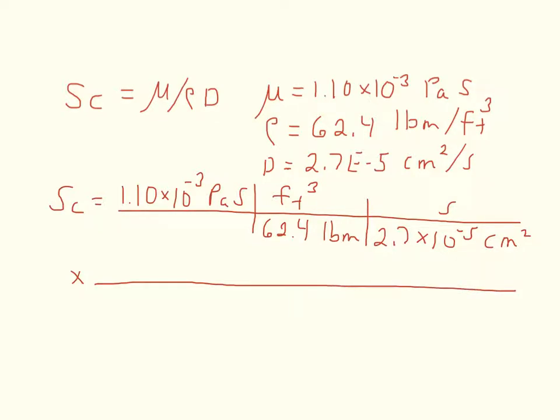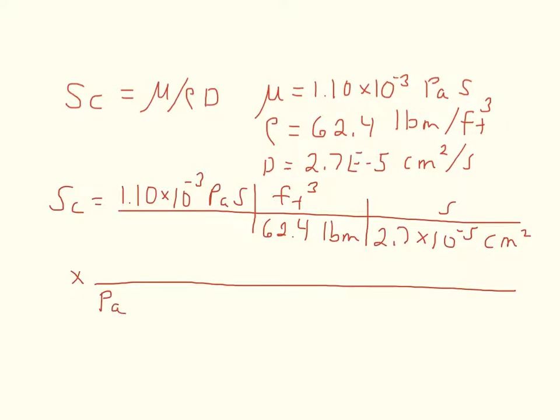Once we have put all the values as given here, the next thing to do is to change everything into SI units. And so we're going to first tackle the viscosity here. A Pascal is a Newton per square meter. So I'm going to write that here, a Pascal.